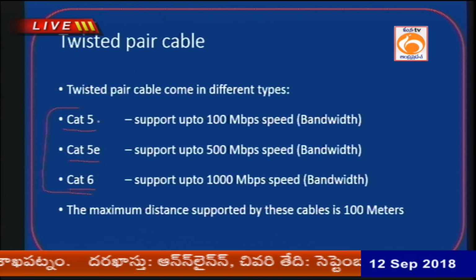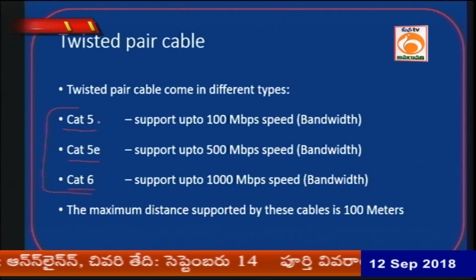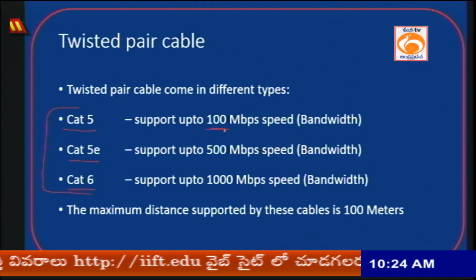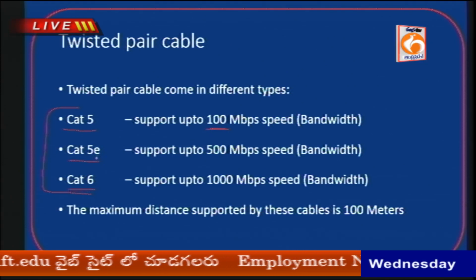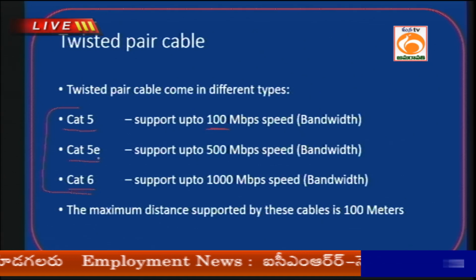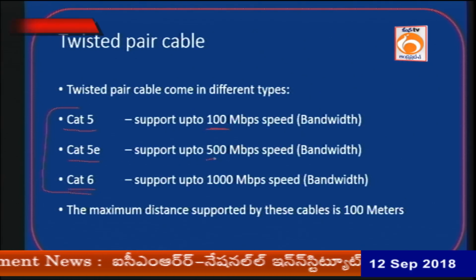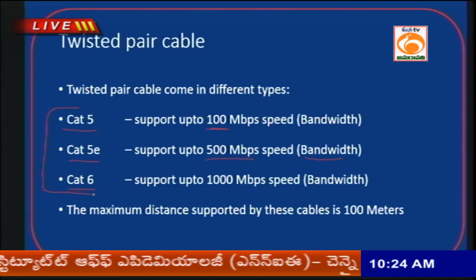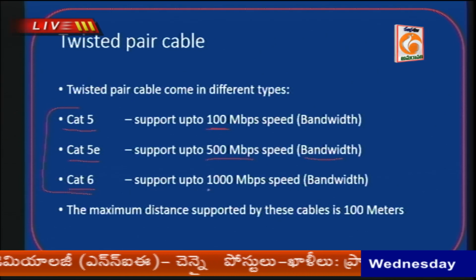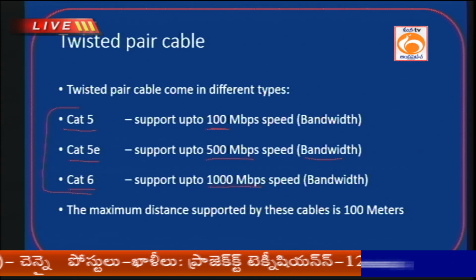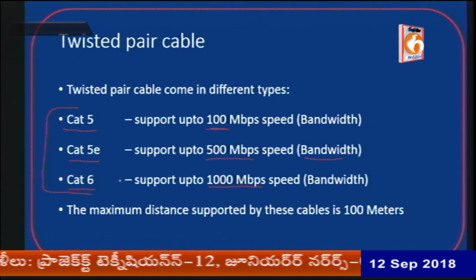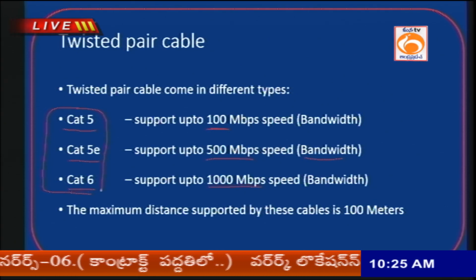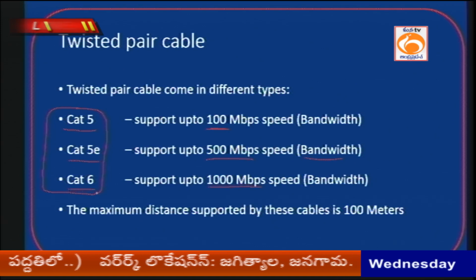Cat 5 cable is available in both UTP and STP and offers a maximum bandwidth of 100 Mbps, and Cat 5e stands for enhanced, and it can support 500 Mbps of bandwidth on one cable. And the Cat 6 cable provides up to 1000 Mbps, or what we call 1 Gbps. So, all these 3 cables are available both in the unshielded twisted format as well as the shielded twisted format.